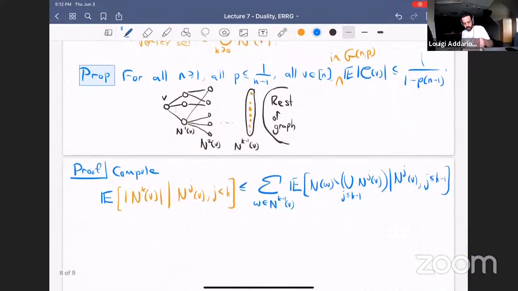Well, what's that? The expected number of neighbors of each vertex in the rest of the graph is exactly the same by the symmetry of the model.